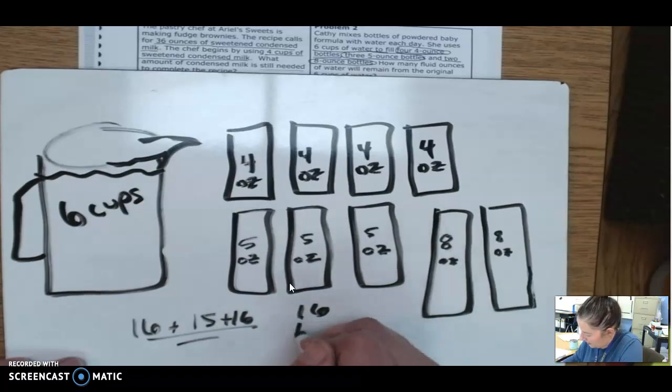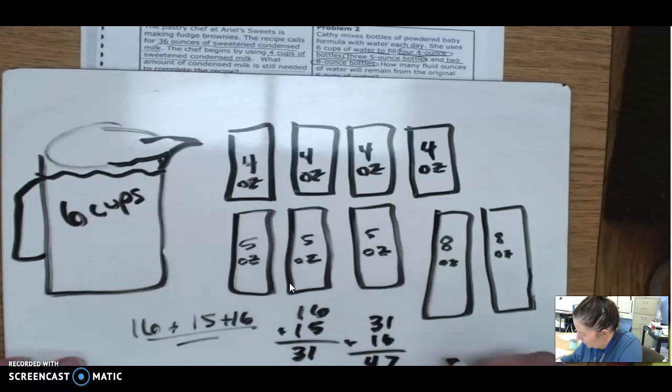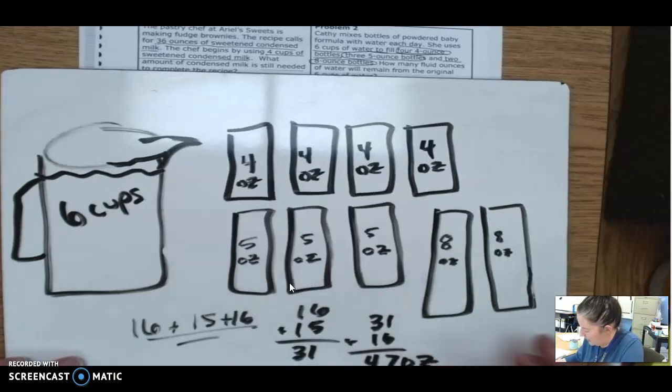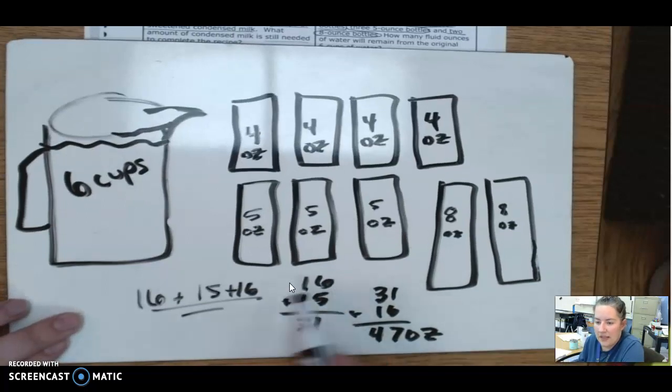So let's add those up. This is 31 plus another 16. So this should be a total of 47 ounces. Right, did I add that correctly? 16 and 15 here, I said was 31. Add another 16, 47 ounces.